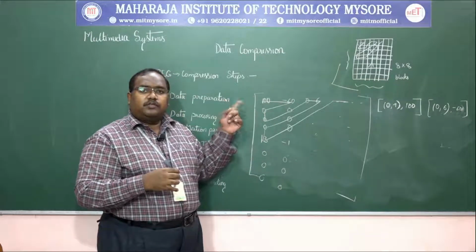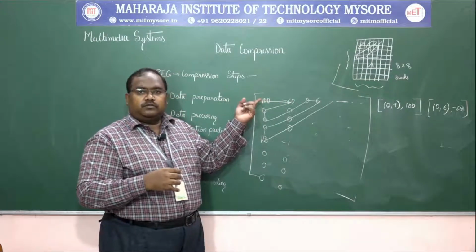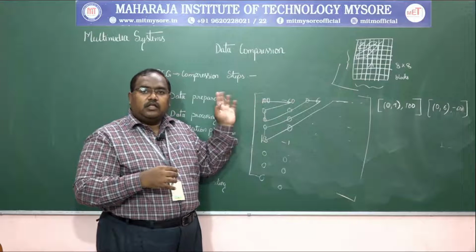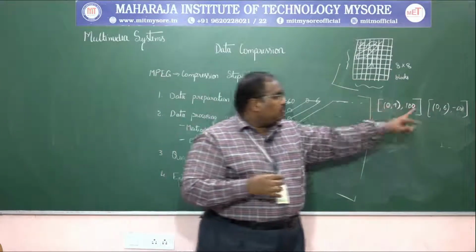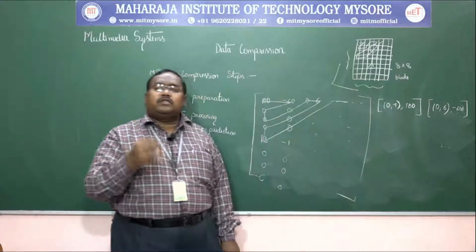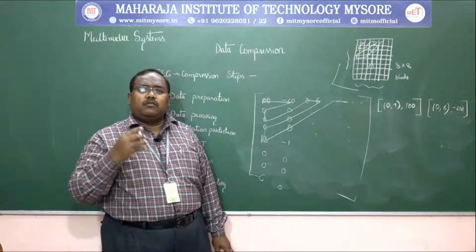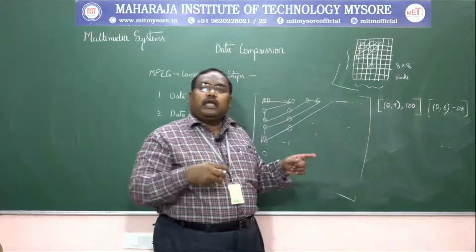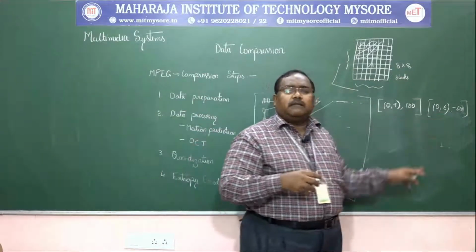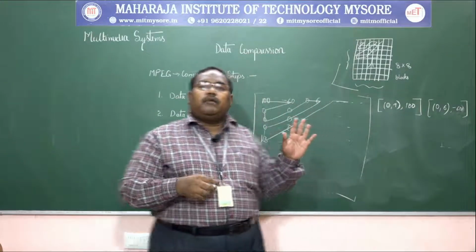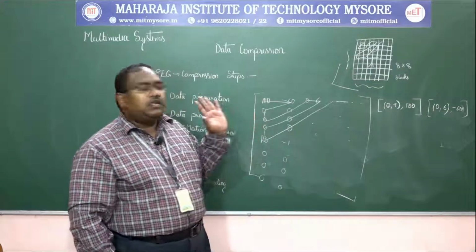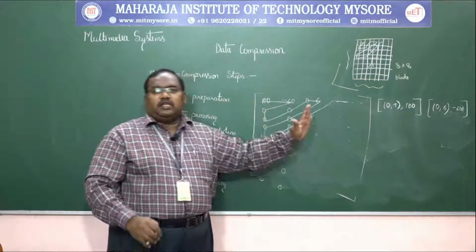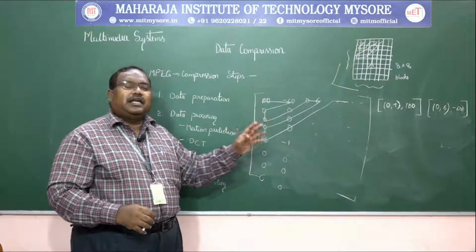See, there are no zeros, but there is a value which is not 0, which is 100. So there are no zeros. How many bits are used to represent the value minus 60? 6 bits are used. So what is that value? That is minus 60. In this way, we are able to convert the two-dimensional image into a single dimension.